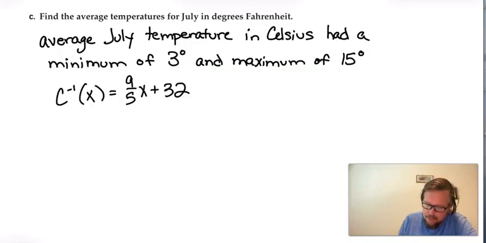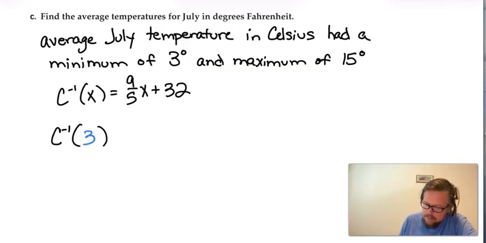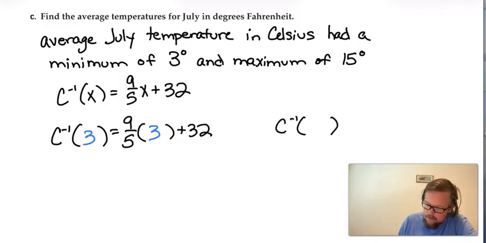So inverse C of 3 is going to tell us the average minimum temperature in Fahrenheit. And then we're going to do it again. Inverse C of 15 is going to tell us the average maximum temperature.